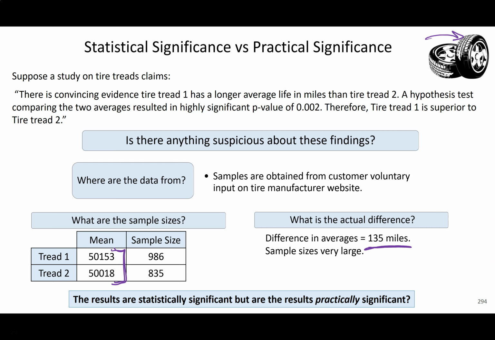It's a very, very tiny difference. So, yes, when you run this hypothesis test, you do have statistical significance. But I might argue we don't have practical significance because 135 miles is not really a big difference. An estimated difference, it's a very, very small difference when your tire lives are around 50,000 on average.